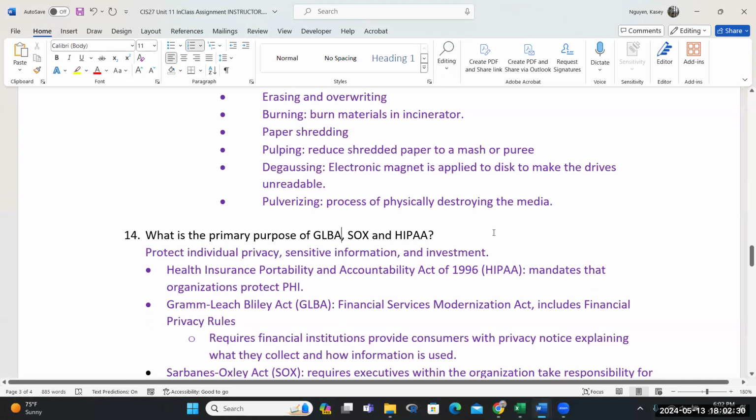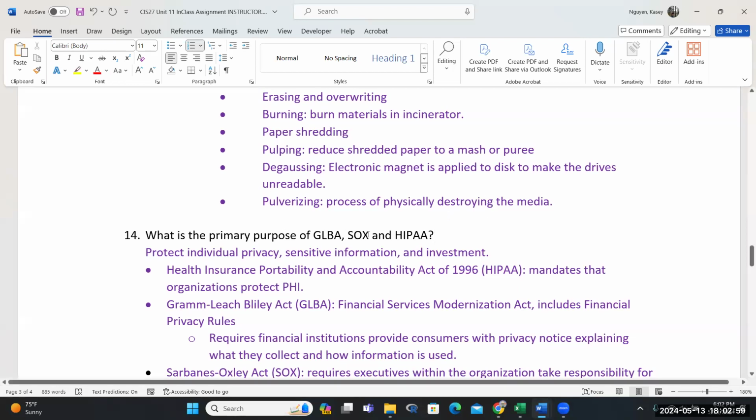GLBA is for banking and financial systems. So your bank, like Bank of America or Wells Fargo, or anyone dealing with transactions in the financial system. That means they have to protect your privacy, and this is why you regularly receive notifications in email and regular postal mail on your privacy.